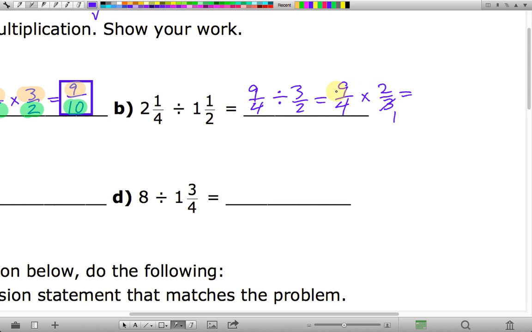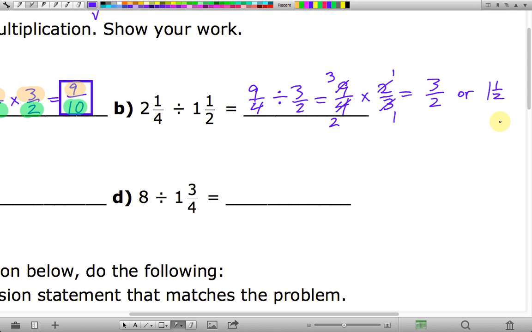Divide out the factor of 3 here, divide out the factor of 3 there. Divide out the factor of 2 here and the factor of 2 there. And now we're doing numerator times numerator, 3 times 1 is 3, and denominator times denominator, 2 times 1 is 2. We're multiplying smaller numbers, and our answer is already in lowest terms. So this is a really nice way of doing it.